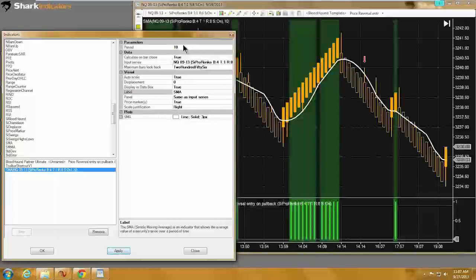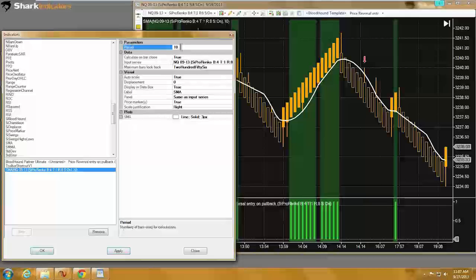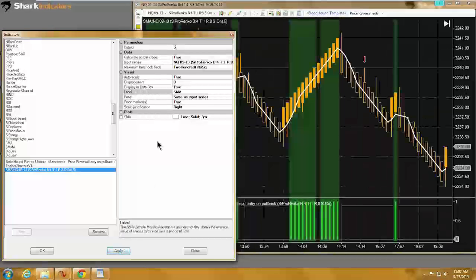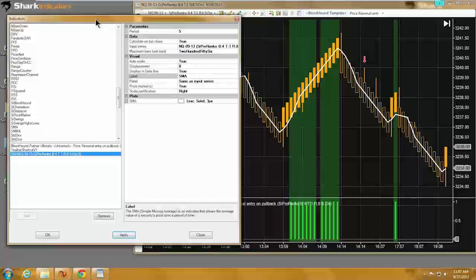I'm just going to have to play with the periods here so I can get this working the way I want it to. Yeah, the SMA is really responsive.